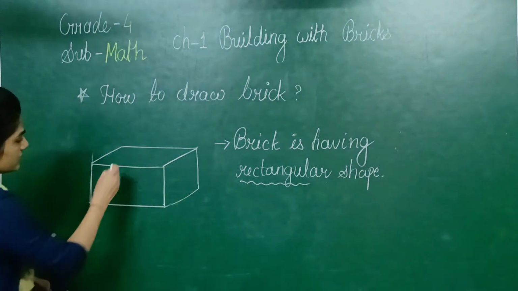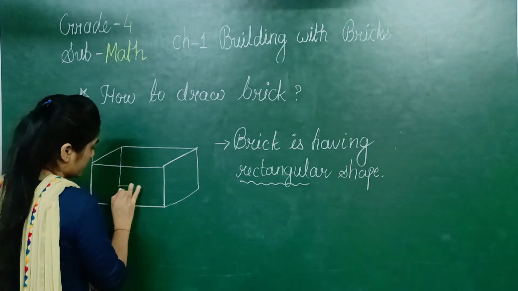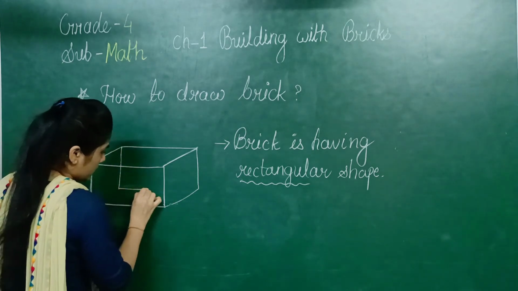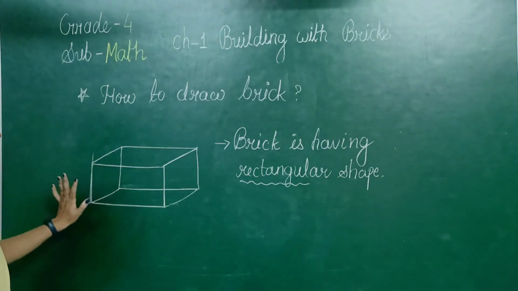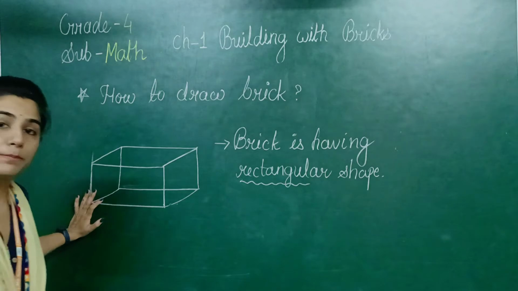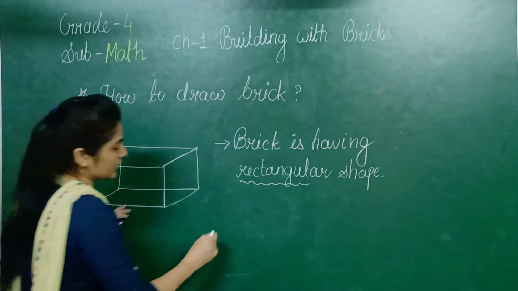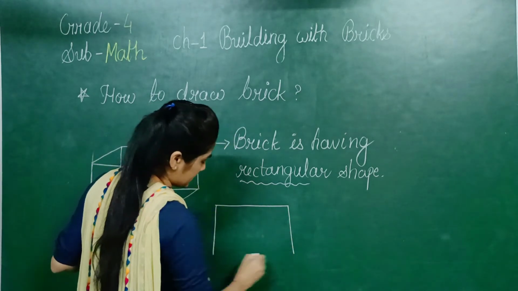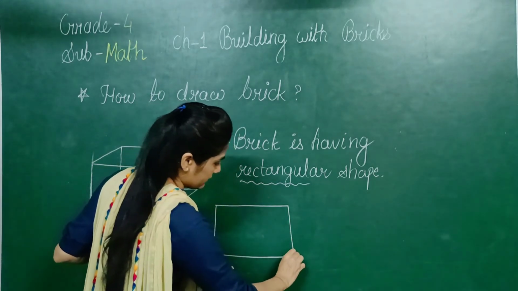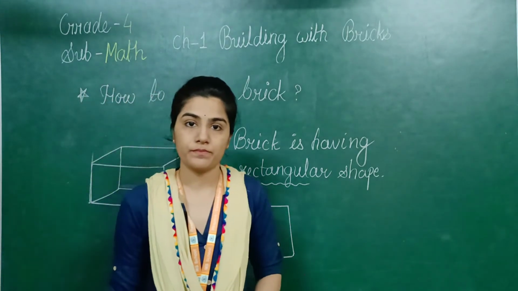Now let's begin with all the edges. Now this is a perfect diagram of the brick. Now this is a solid shape. A rectangle shape you can draw this way. The plain surface, the plain side which I have drawn, is called a rectangle shape, right?